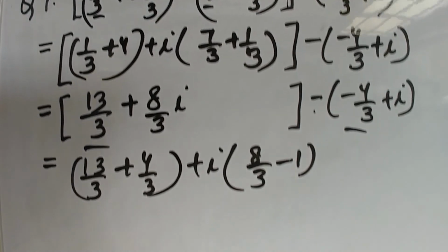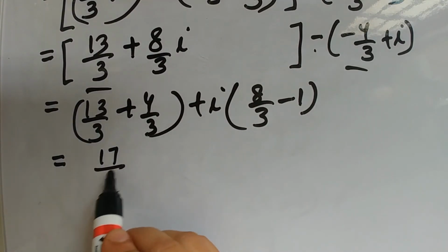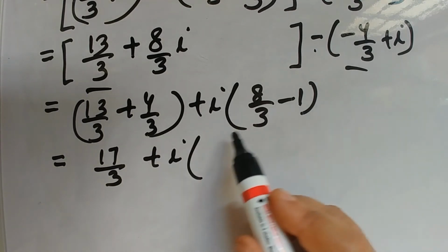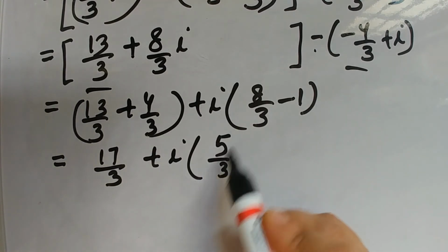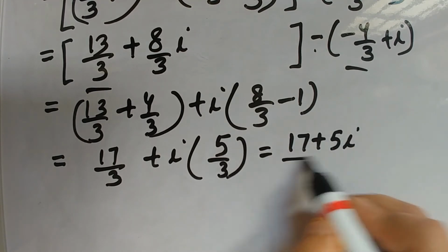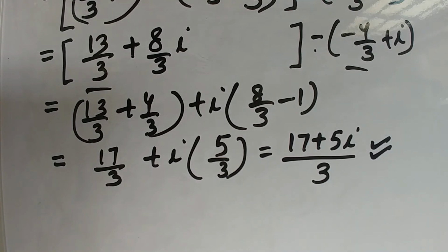So it becomes your 17 by 3 plus iota and it is 8 minus 3 is 5, 5 by 3. So I can write it as 17 plus 5 iota by 3, which is my required form as a plus iota b.